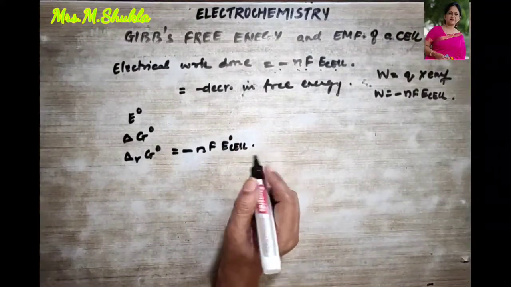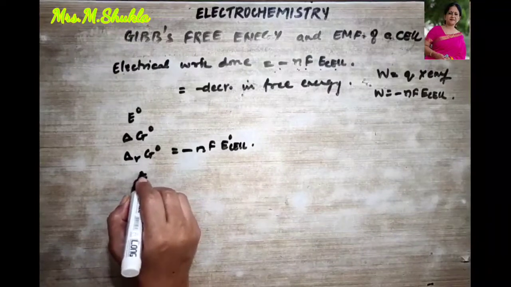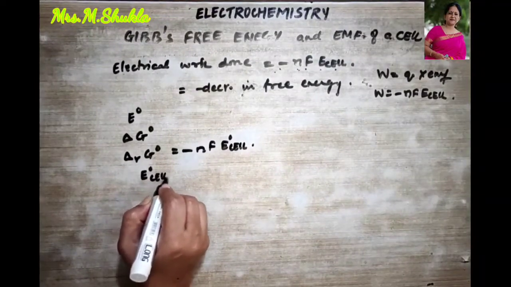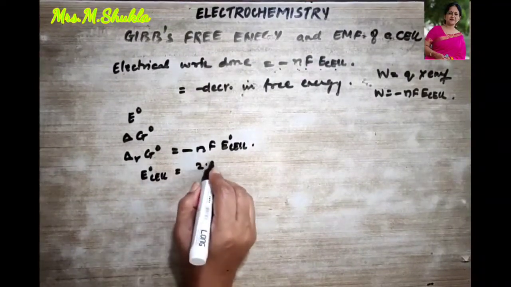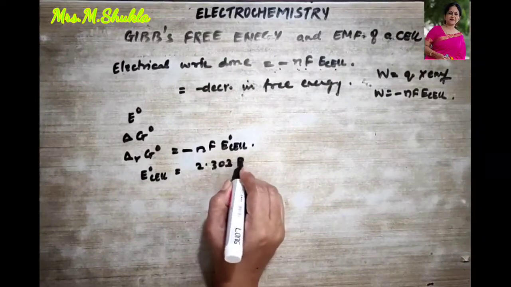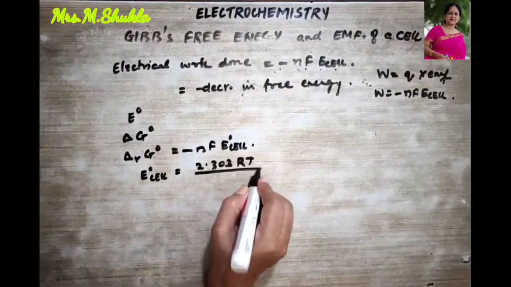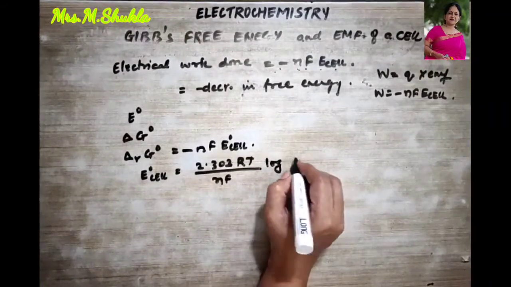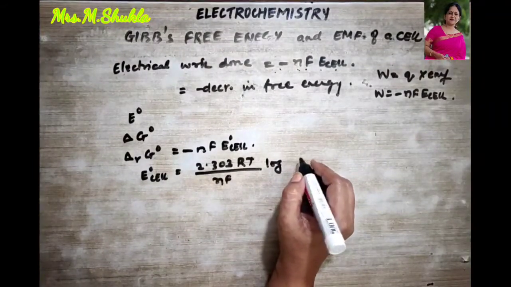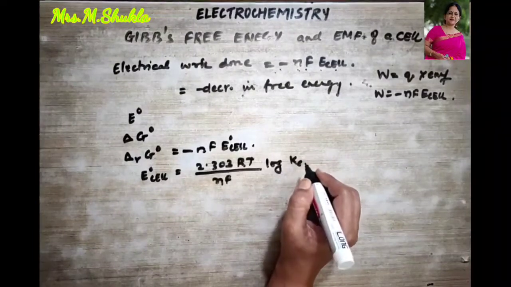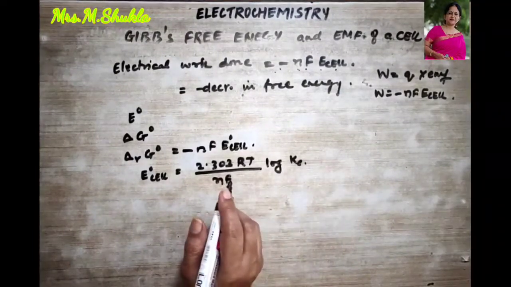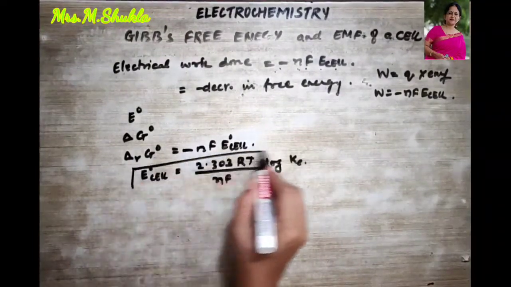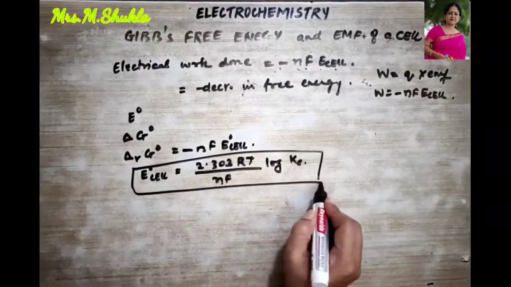Clear? Now we know that this EMF cell is equal to 2.303 RT upon nF log equilibrium constant, isn't it? So this is what it is.